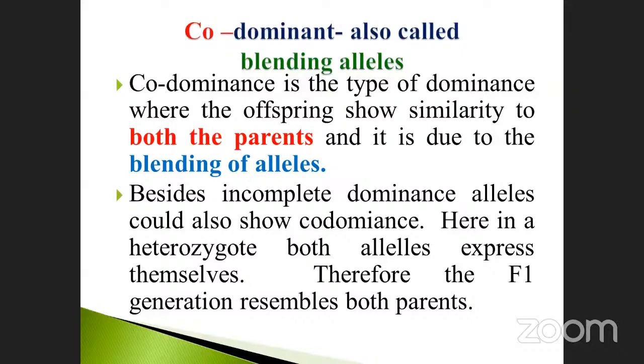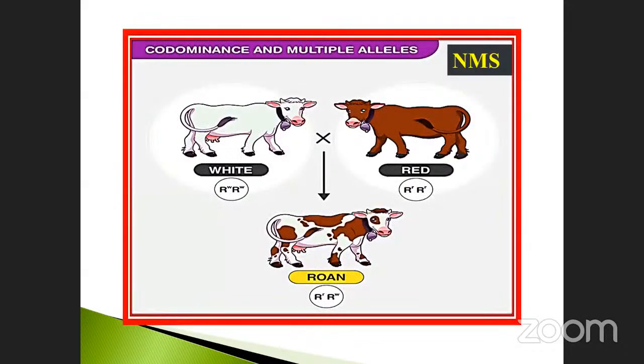The F1 generation always looks like a parent, but it's not single. Both the parent characters will be expressed in the F1 generation. See, what is the example? I already showed it. These are the examples of codominance and multiple alleles. They have chosen two types of cows. Take an example. One is white, denoted as W, this is the white color.